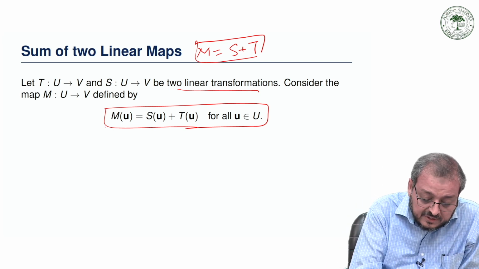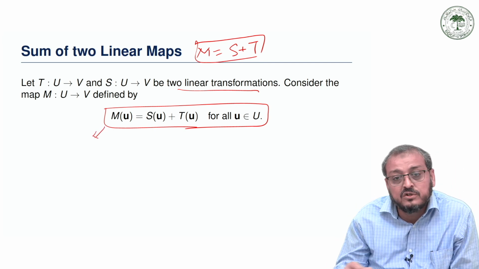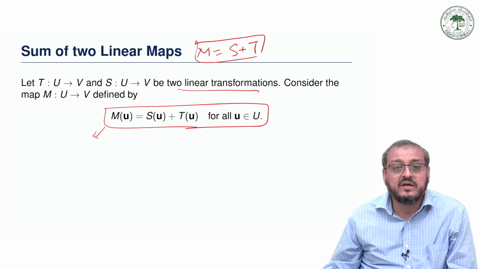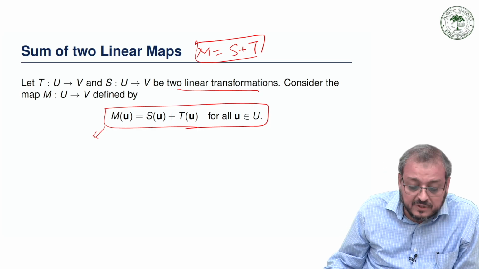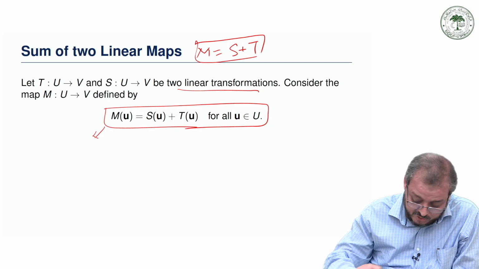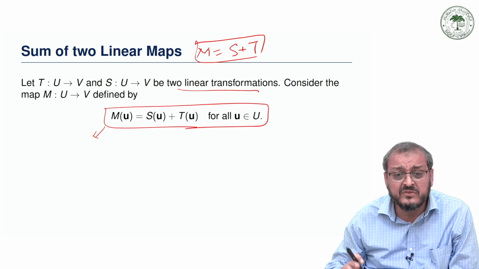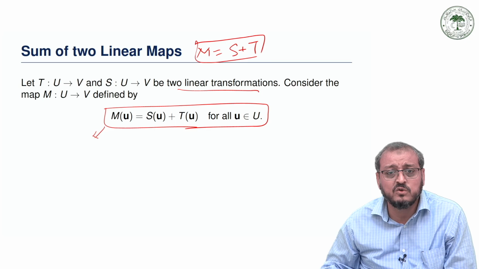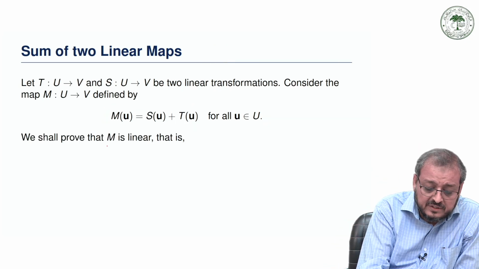If we show that M is linear, it should satisfy both conditions of a linear map: additivity and closure under scalar multiplication. That means M is closed under addition and also closed under scalar multiplication.